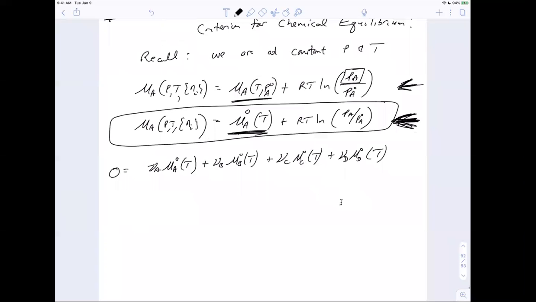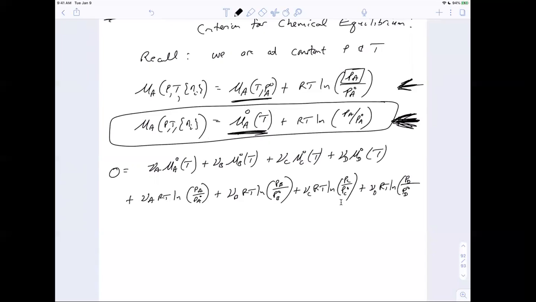Okay, so we'll have nu sub A times RT natural log PA over PA superscript 0 plus nu sub B RT log PB over PB superscript 0 plus nu sub C RT natural log partial pressure of C plus RT natural log, oh, I forgot the stoichiometric coefficient of D, which would be here, plus RT natural log partial pressure of D over the pressure of D in that reference state, P sub D superscript 0.